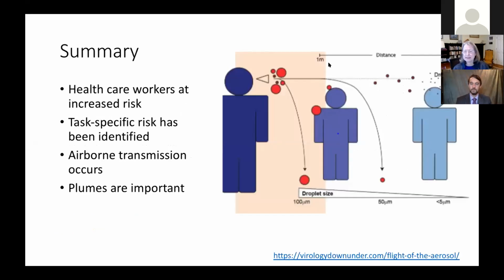So here is a sketch that is talking about how you think about that. Here in the most purple is someone who is generating the viral particles. And the largest particles will drop to the ground within a short distance of the person. These land on the floor and on materials, and that's why cleaning, that's why the environmental staff who clean the floors are heroes for us all.